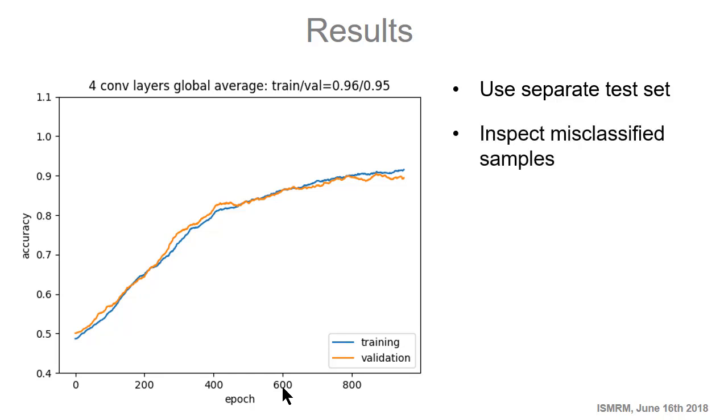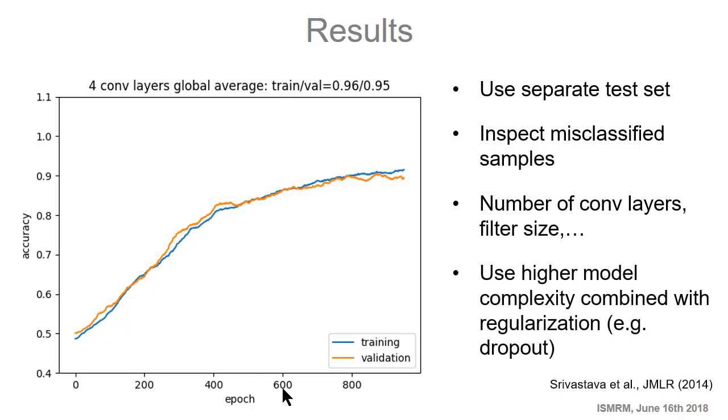Again, look at your misclassified samples. There were some in there that actually looked a lot closer to the reference than others. You can experiment with the architecture, number of conv layers, filter size, or something I didn't touch upon, you could use a higher model complexity, but combine it with regularization, for example, using dropout.